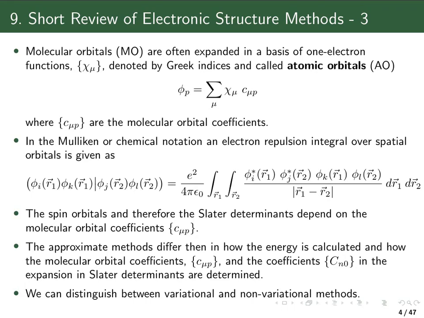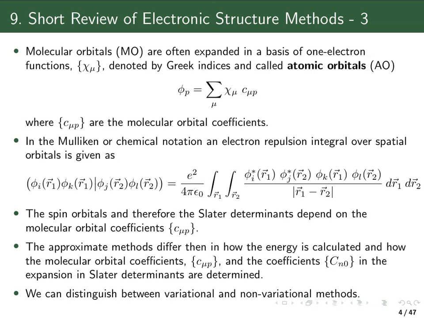And the general many-electron wave function, or the approximate many-electron wave function which we're going to use, in addition to the dependence of the Slater determinants on the molecular orbital coefficients, will also depend on this capital C, the expansion coefficients of the Slater determinants.